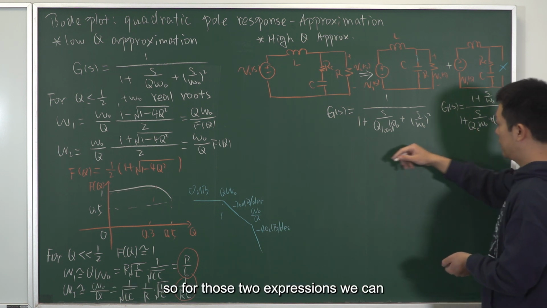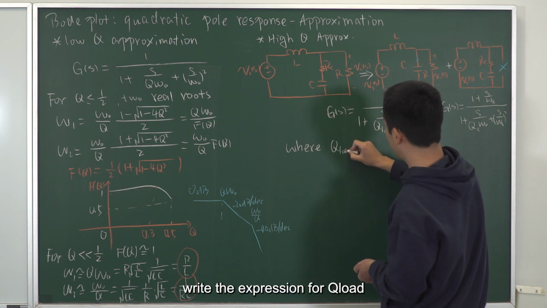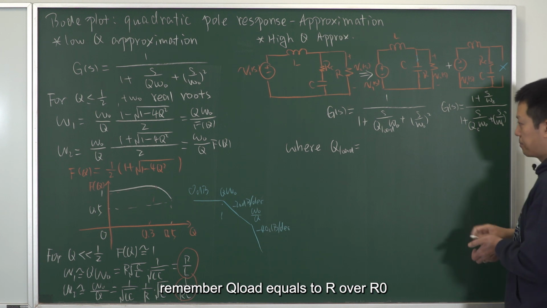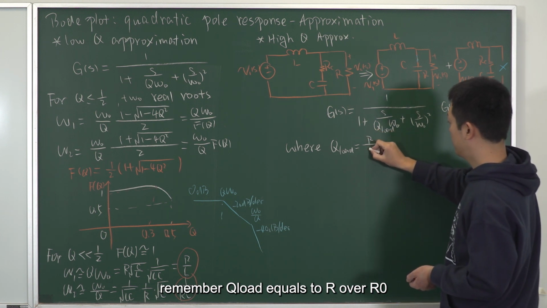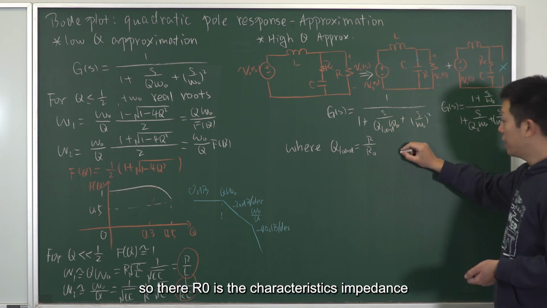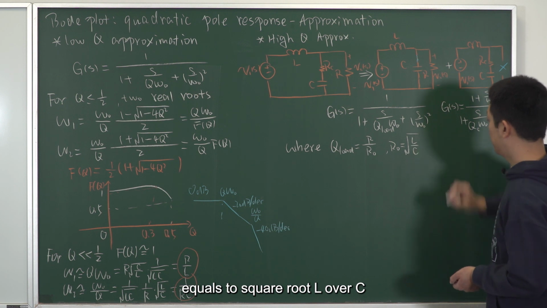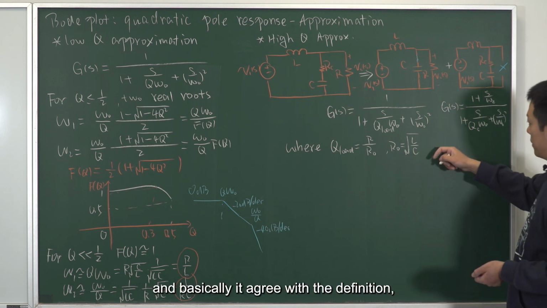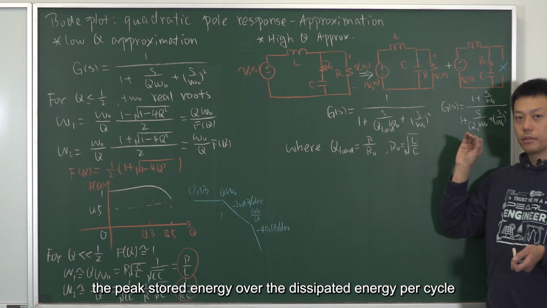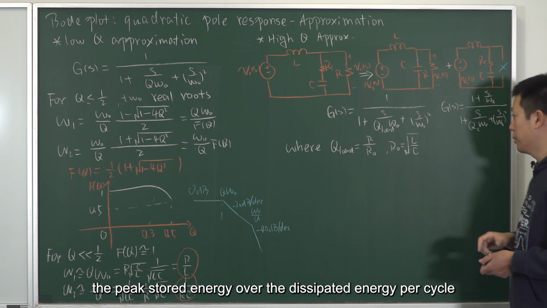For those two expressions, we can write the expression for Q load. Q load equals R over R0, where R0 is the characteristic impedance, equal to the square root of L over C. Basically, it agrees with the definition: the peak stored energy over the dissipated energy per cycle.